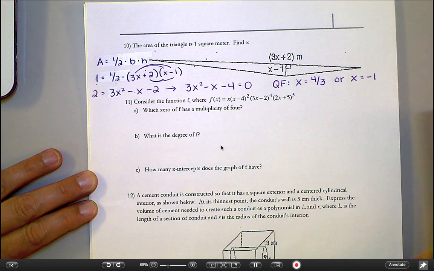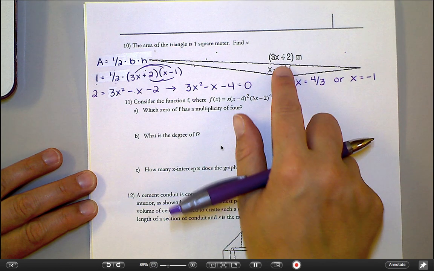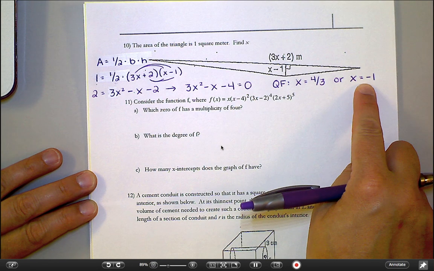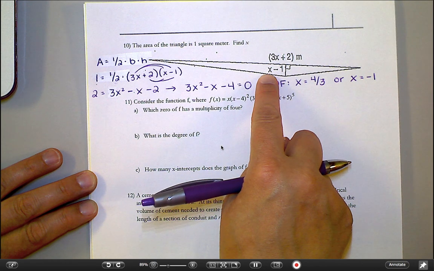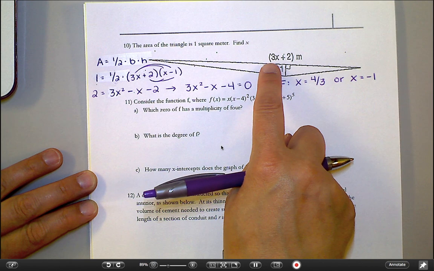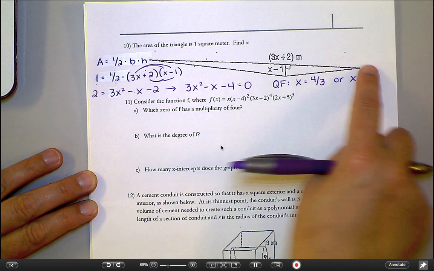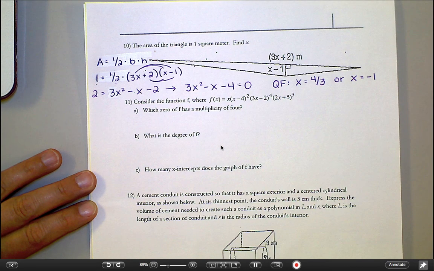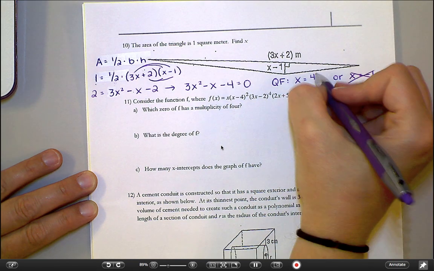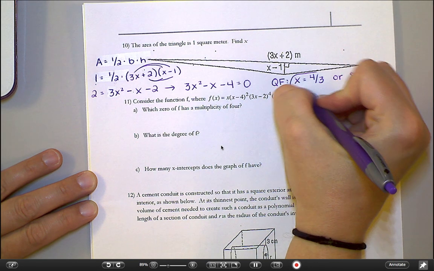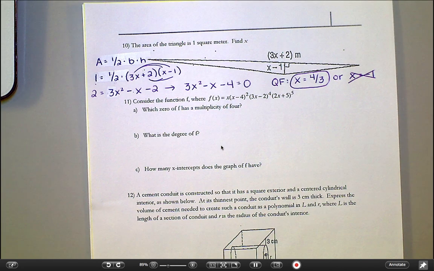The problem here is that if you think about it in terms of the situation, -1 does not make sense, because you can't have a negative side length. That would be -3 plus 2, so that would be -1 as a side length. So I'm going to eliminate this one as a possibility just because it's negative, and then I'm going to say that this is my answer, that x is 4/3 or 1.3 repeating.